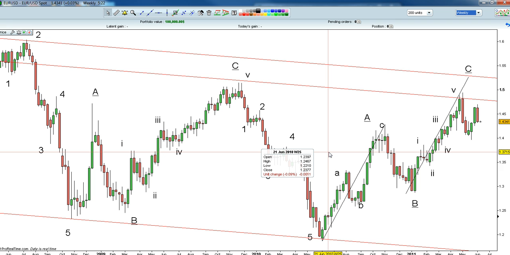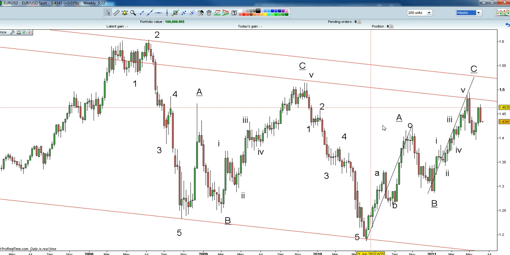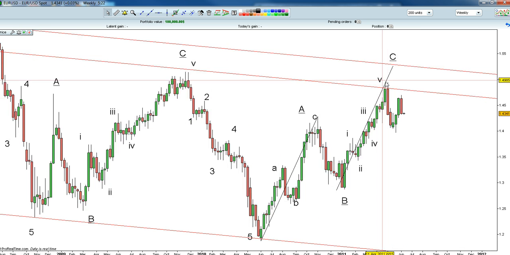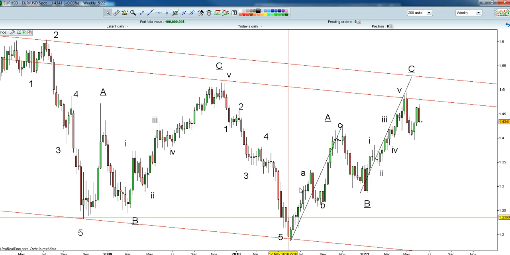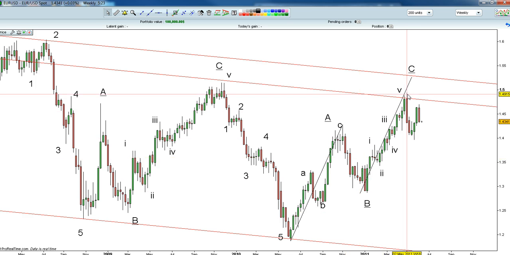So here, first shot, we're going to look at a very plain or vanilla chart, Euro Dollar weekly. We've got this large channel. We're engulfing red off the top after a 5-wave sequence up, but here we can see 5 down, 3 up, and then another 3-wave correction, and then 5 up.